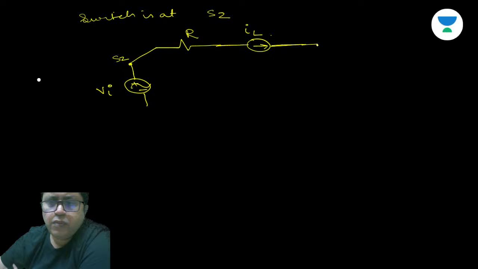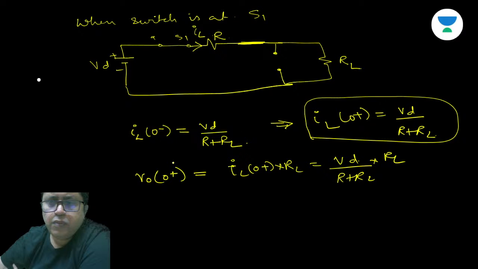What about the capacitor? The capacitor will behave as a constant voltage source V0. If this is V0, this is Vc, I will say V0 is equal to Vc.